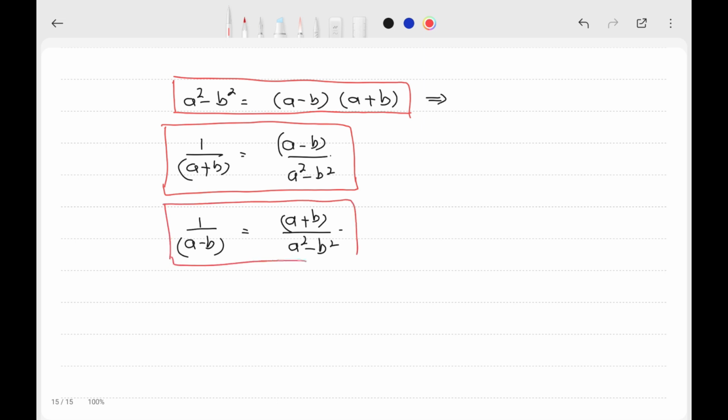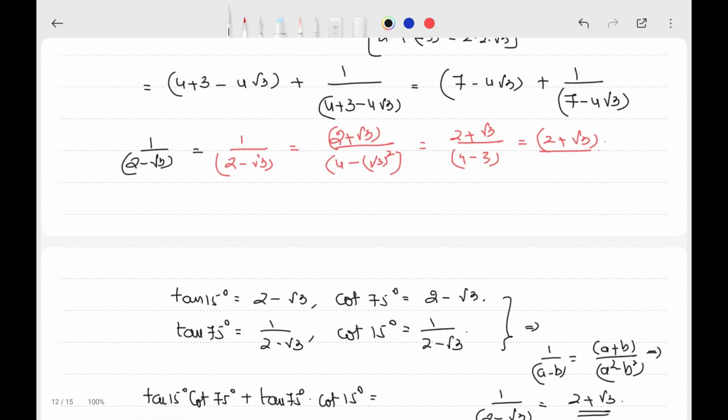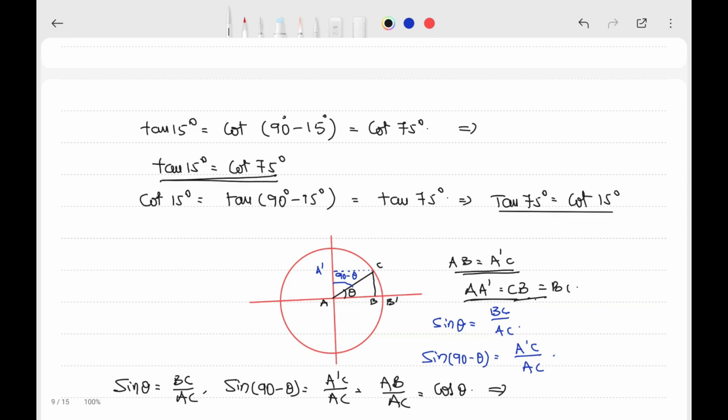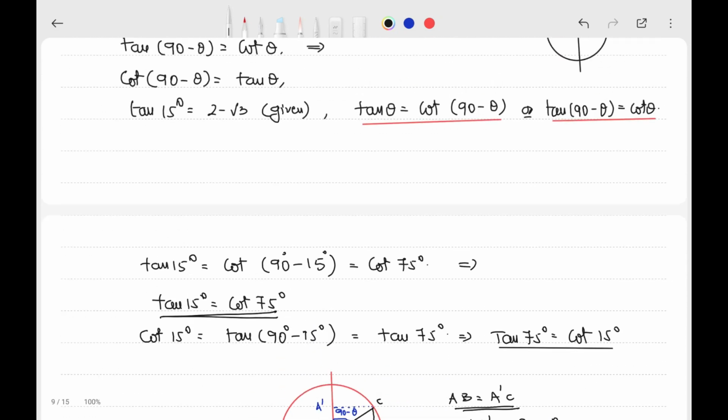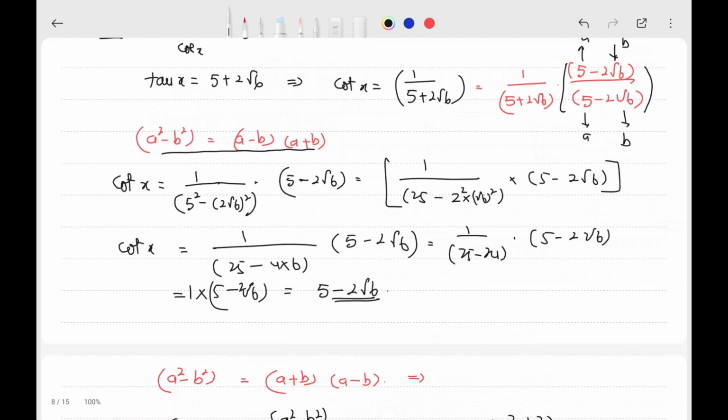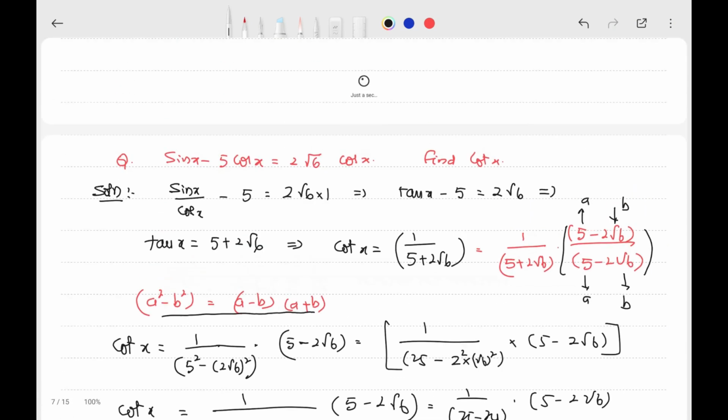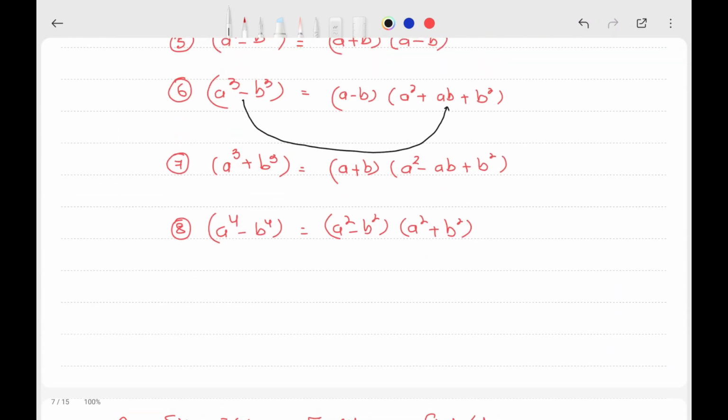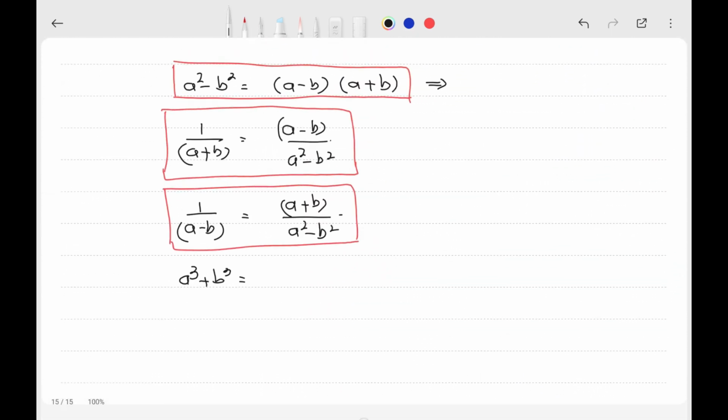If you remember this formula, similarly a cube minus b cube I have already explained here. What is a cube plus b cube? A cube plus b cube is equal to, I have written already for you. In the examination they can give cubes also. We have done with squares here.